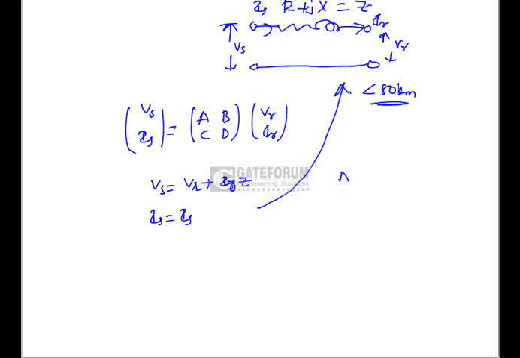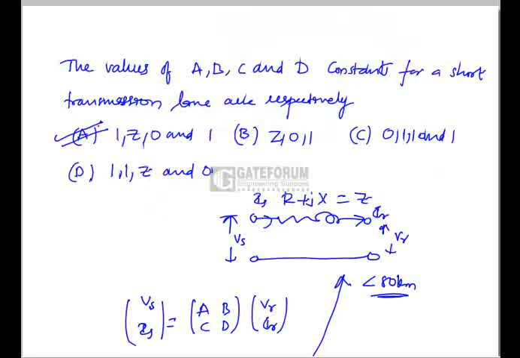Now compare with ABCD parameters, where A is equal to 1, B is equal to Z, C is equal to 0 and D is equal to 1. So option A is the correct answer, since 1, Z, 0 and 1 are the short transmission line parameters.